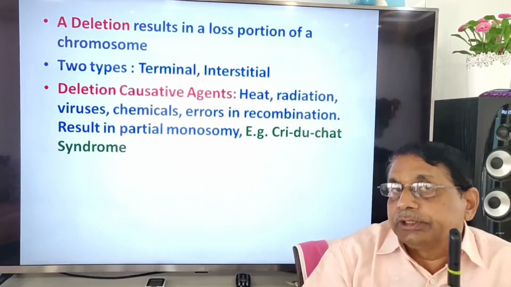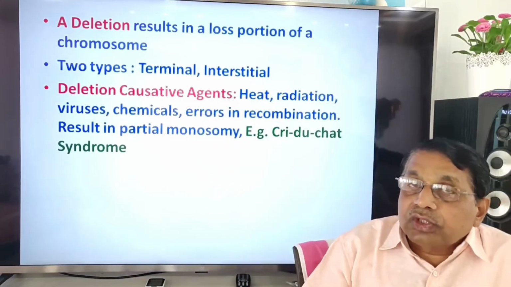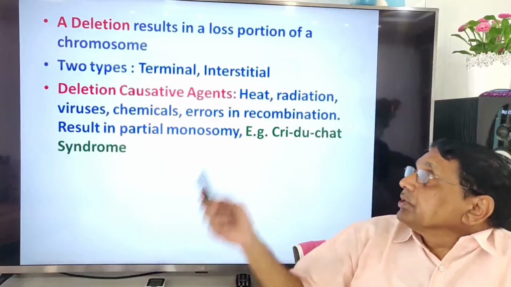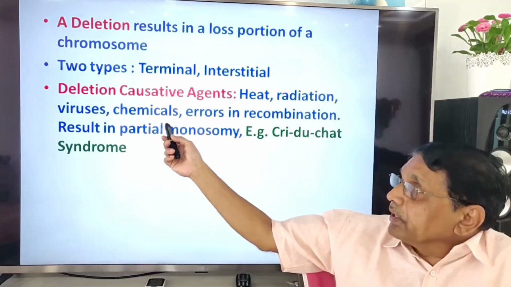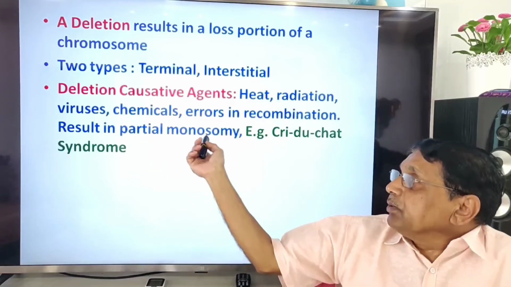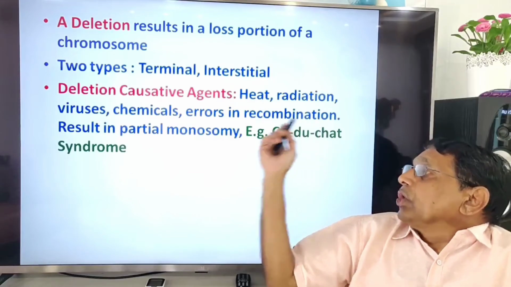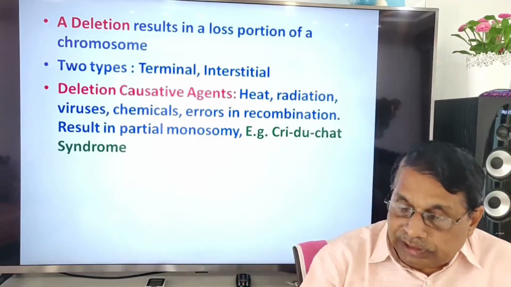Between, the middle part. The deletion causing agents. Which agents cause the deletions? Heat, radiation, viruses, chemicals, errors in recombination, result in partial monosomy. Example, Cri-du-chat syndrome in children.